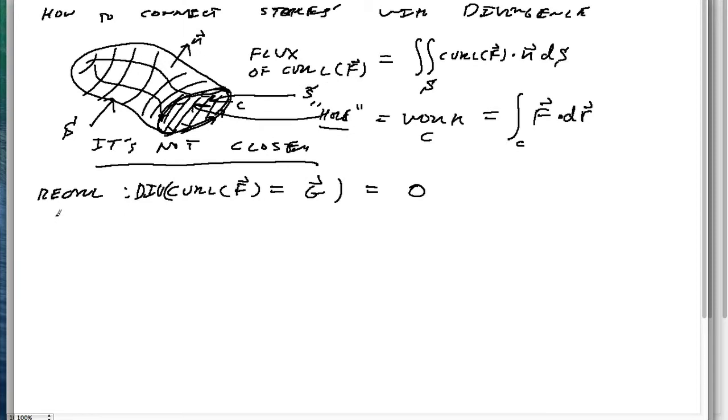So if I have the surface integral over S union S tilde of the curl of F, but we know that this is divergence-free. We need to put dotted with the normal there, dS. There we go. I can break that up into two pieces.